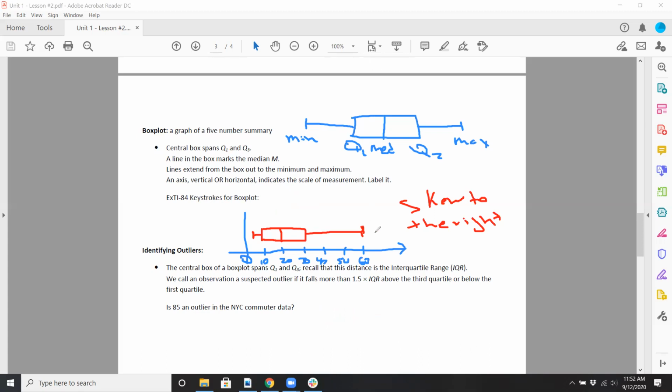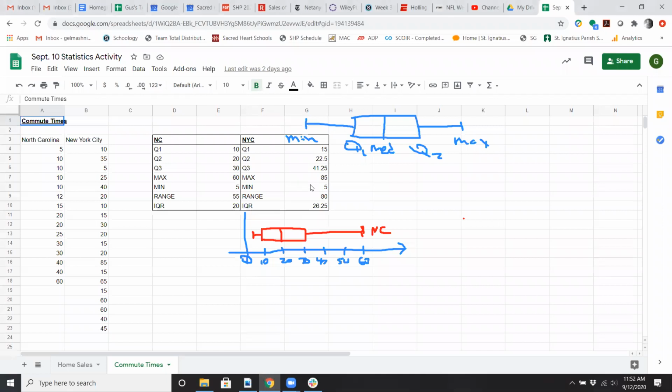Let's put them all in the same plot. Let me erase that as well. So, New York City. What was our data there? Looks like it went from 5 to 85, and those were our quartiles, 15, 22.5, and 41.25.